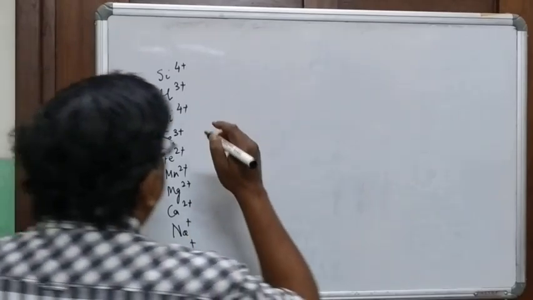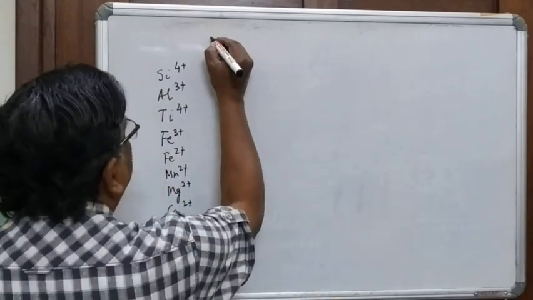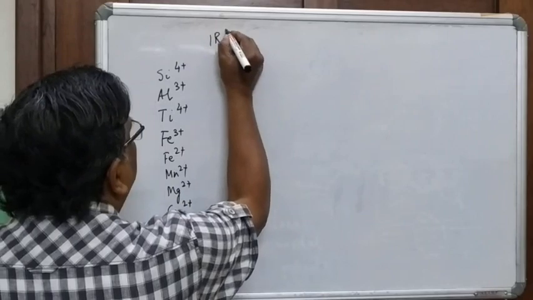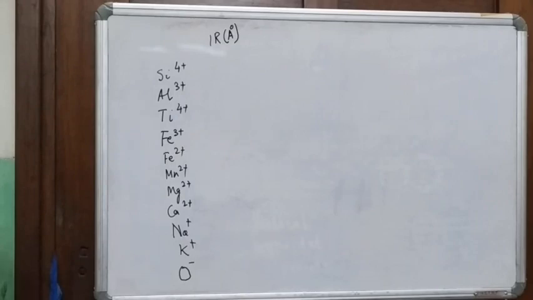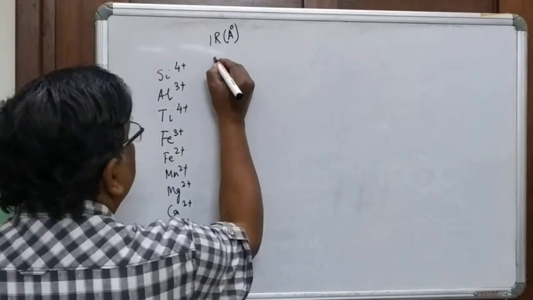Now if I tell you about the ionic radius, which is in angstrom units, I will just write it down and you better remember them.